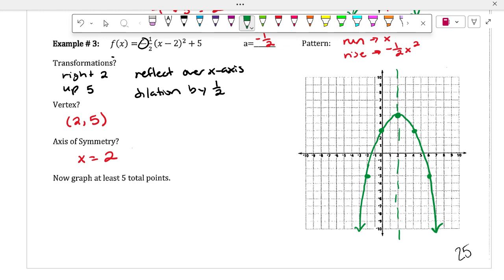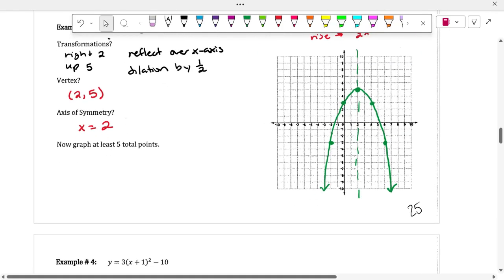Even though it would just give you halves, and halves are pretty easy, that's not always the case. Plus, you want it to be as accurate as possible. So my suggestion, pick what I call happy points, which is just silly talk for whole numbers. So whole number y values.